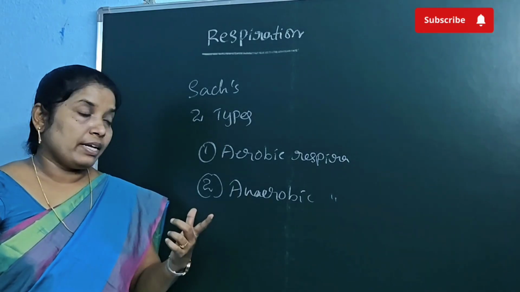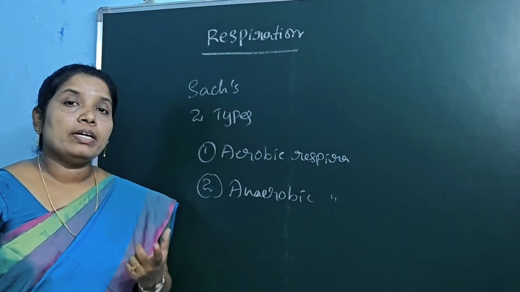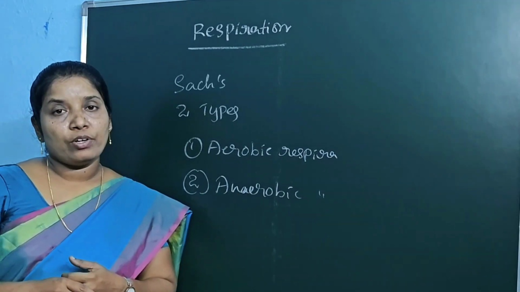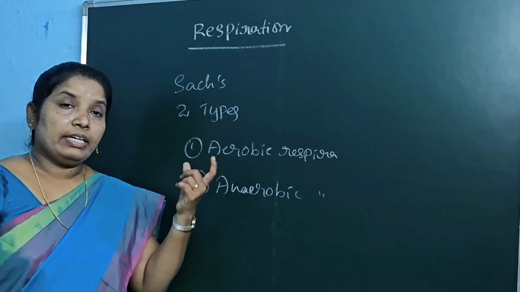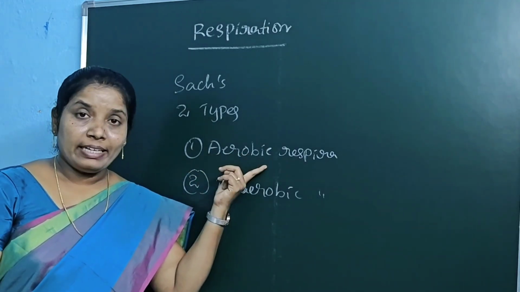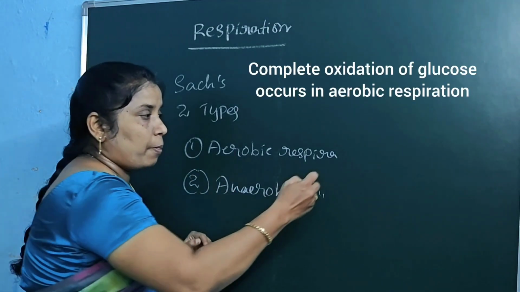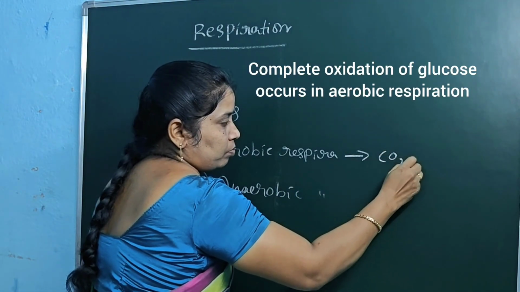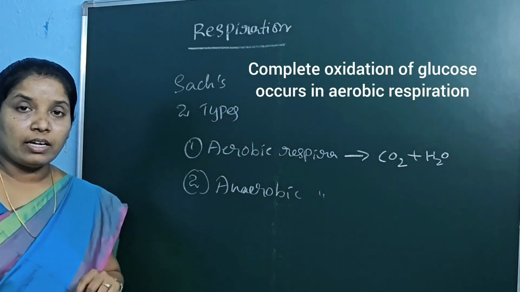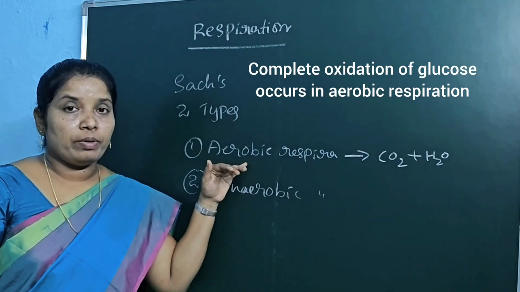Aerobic respiration occurs in the presence of oxygen, whereas anaerobic respiration occurs in the absence of oxygen. Let's see aerobic respiration in detail. It occurs in the presence of oxygen. There the food materials are completely oxidized into CO2 and H2O.